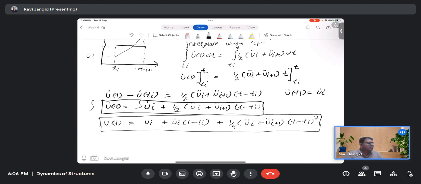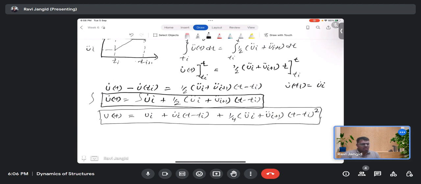So if I simplify these equations, or compare them with the Newmark's beta gamma method, then after comparing I can find out the value of beta and gamma. So for the Newmark's beta gamma method, first let us write this for the i plus 1 step.